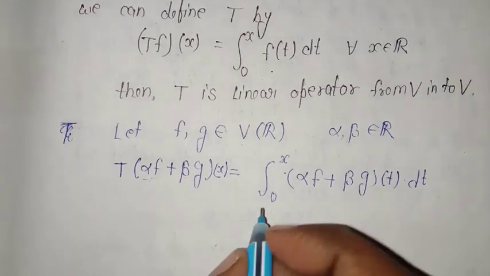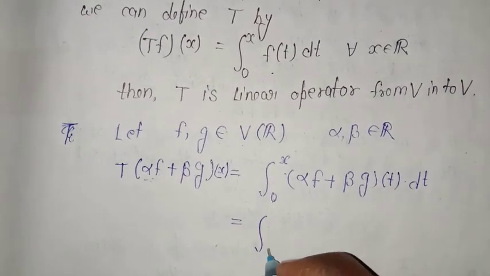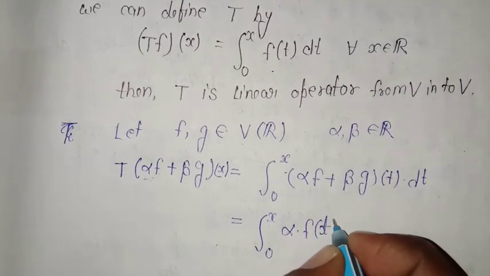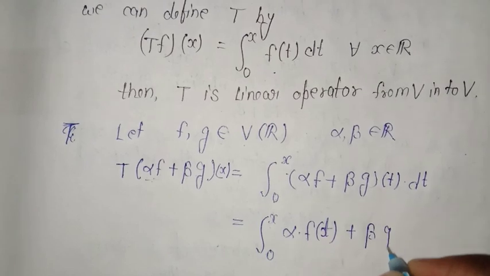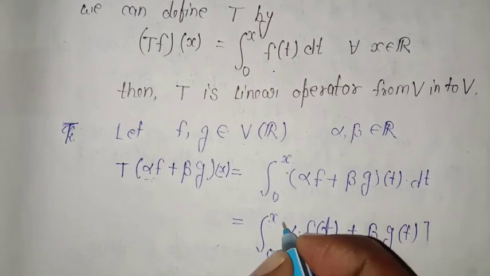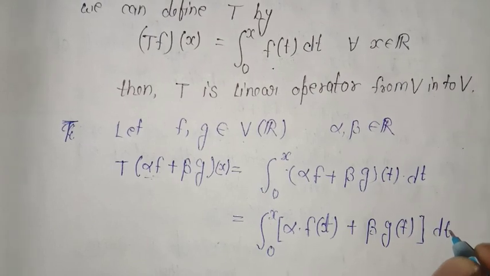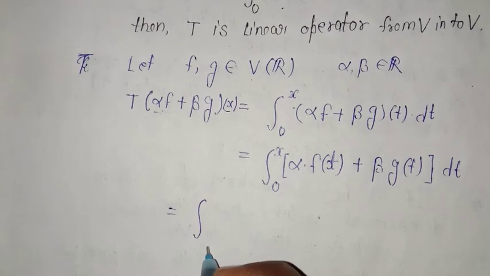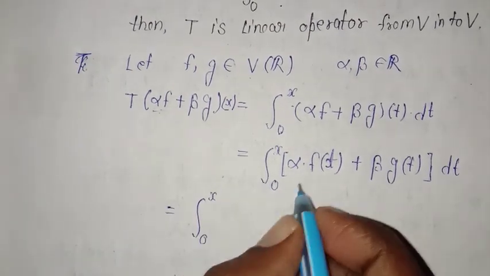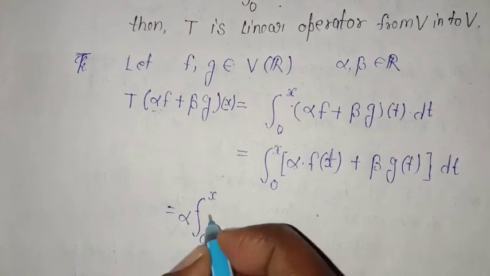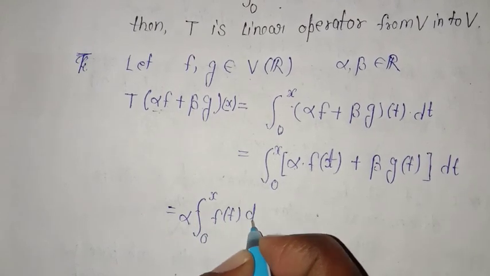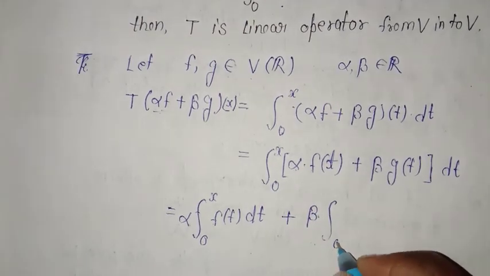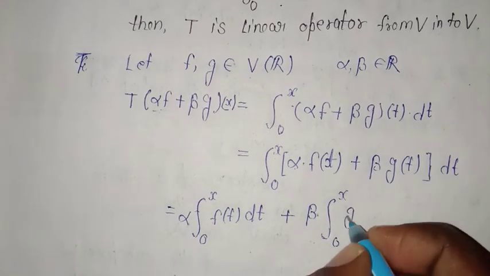Now, this can also be written as the integral from 0 to x of alpha into f of t plus beta into g of t dt. Now, as we know that integration holds the linearity property, this can also be written as: alpha is a scalar, so it will come out, alpha times the integral from 0 to x of f of t dt, and beta will come out of the integration sign, beta times the integral from 0 to x of g of t dt.